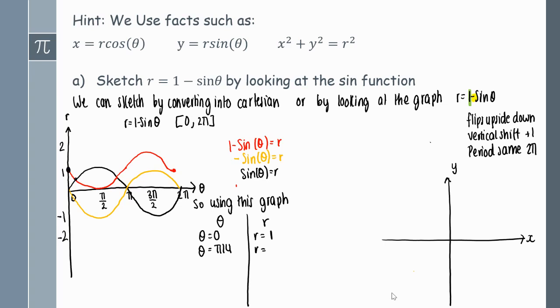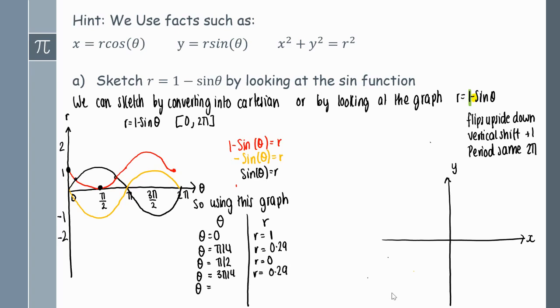When theta is pi on 4, my vertical height r, if you put this on the calculator, is 0.29. For pi on 2, my vertical height for r is 0, right? It's at that horizontal axis. When theta is 3 pi on 4, I'm going to get the height of my graph as 0.29 again.